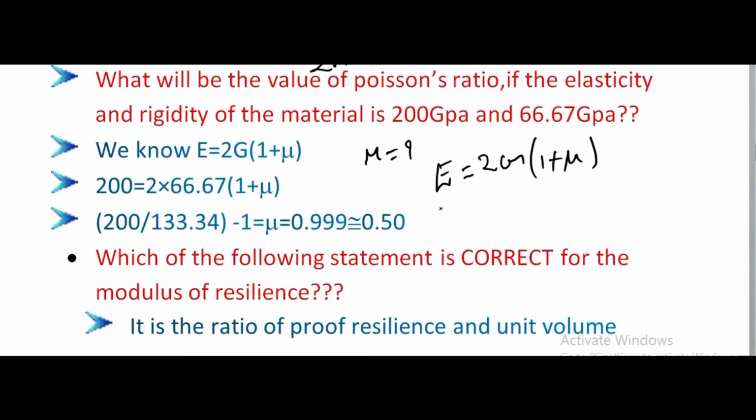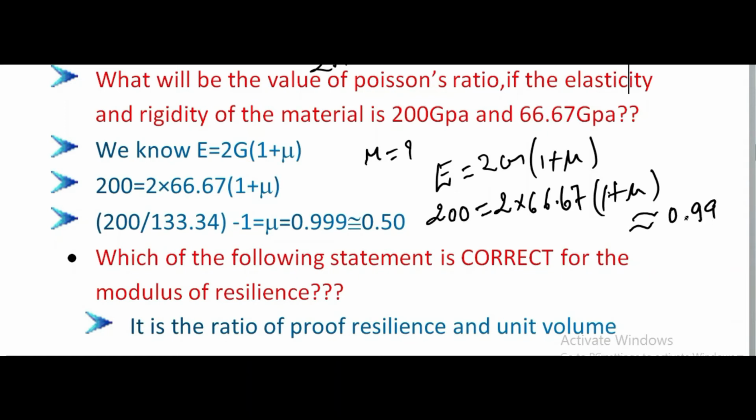So Young's modulus is given 200 gigapascal, rigidity is given 66.67, and 1 plus mu. So after calculating we get mu equivalent to 0.99.